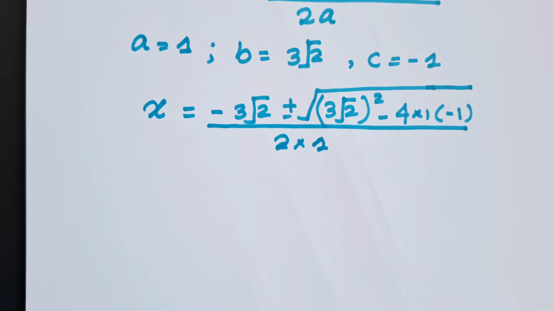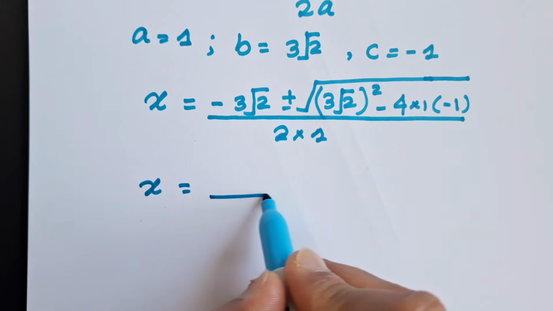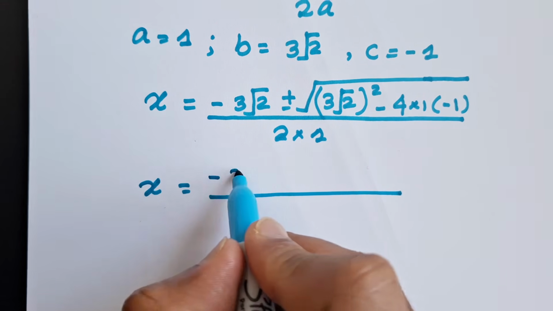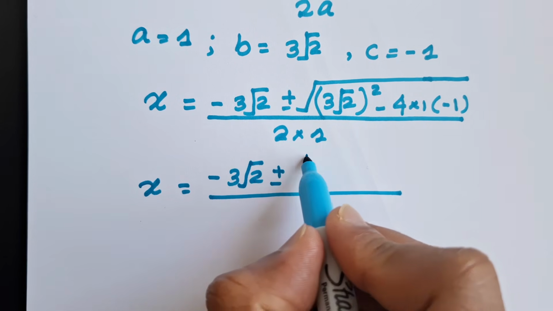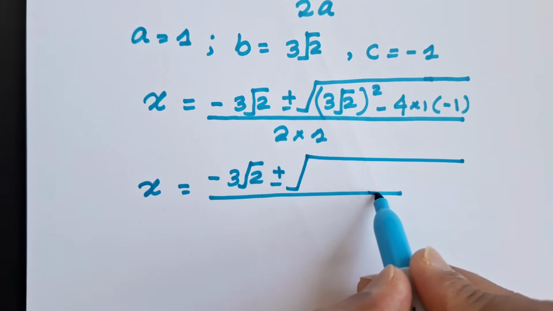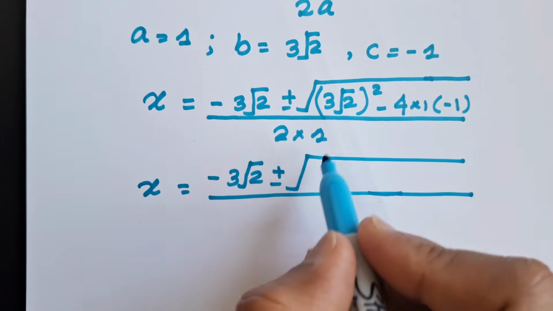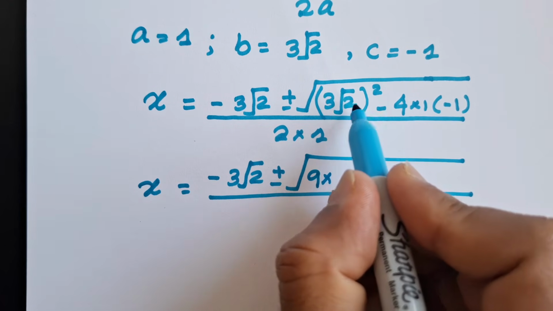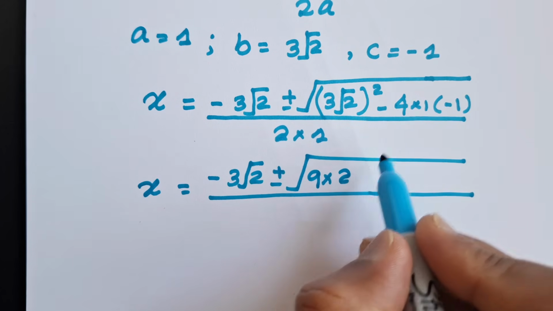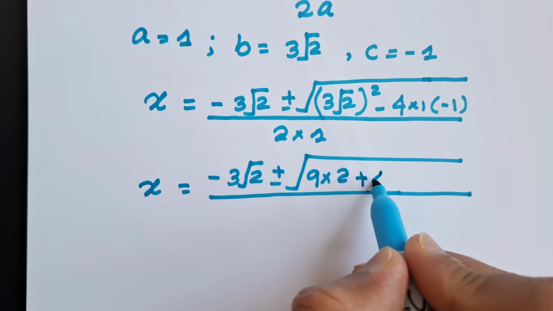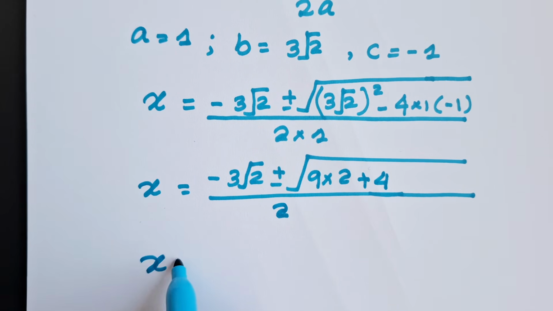Then we have x is equal to minus 3 times square root of 2 plus or minus. Inside the square root we have 3 squared is 9, square root of 2 squared is 2, so it is 9 times 2 minus 4 times minus 1, which is equal to plus 4, divided by 2.